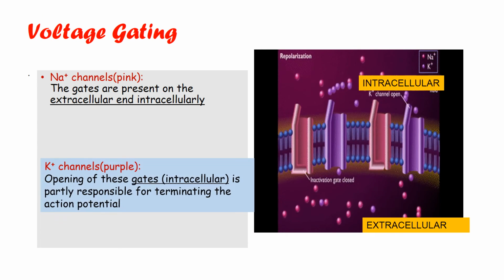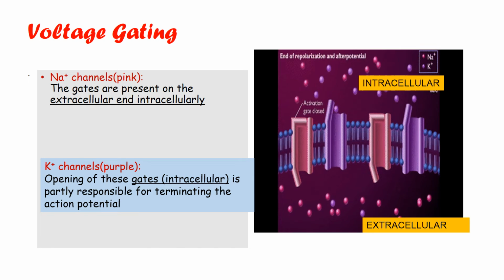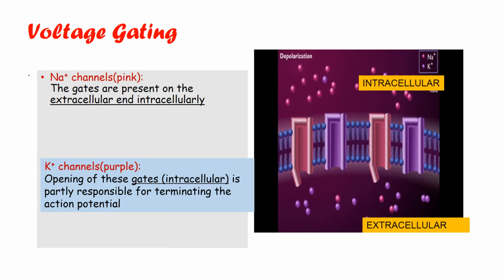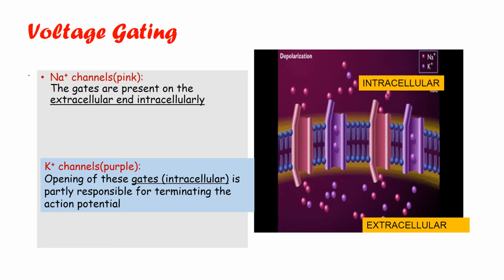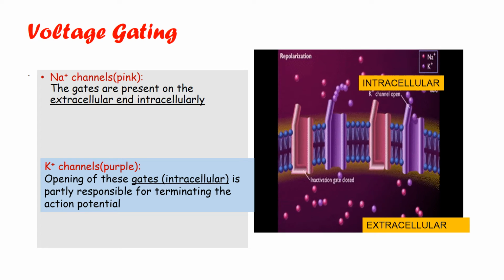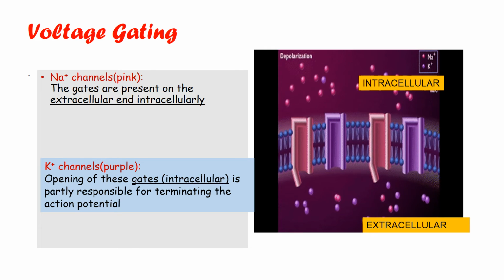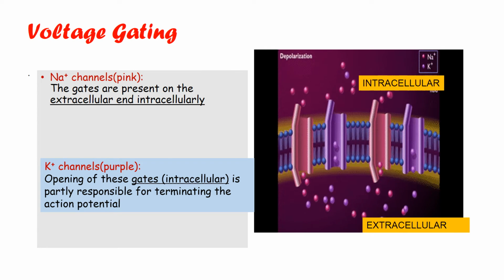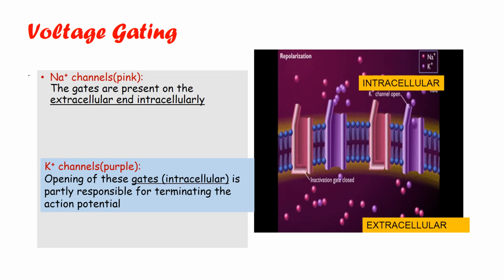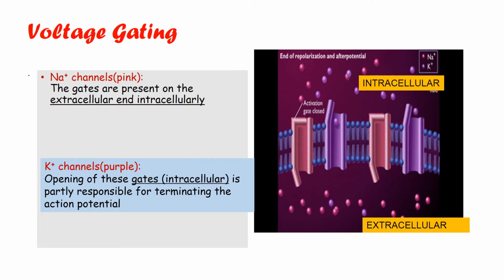We can also see the opening of the potassium gates present on the intracellular surface. The purple colored gates are those of potassium, and when the gates are open, it leads to the movement of potassium ions across the cell membrane. So my point is clear about the voltage gated channels.